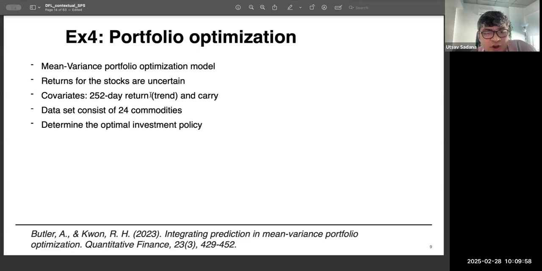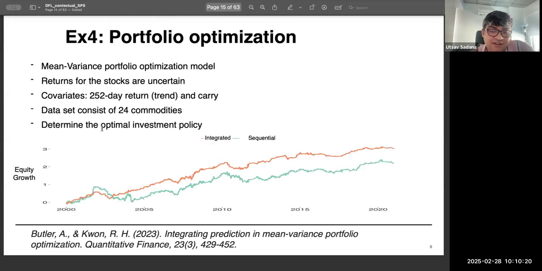Here they look at a commodities market with 24 commodities. They use as covariates the 252-day return, which is basically the trend, and the carry, which you can think of as the benefit or the cost of holding a commodity for a sufficiently long time. And they want to determine the optimal investment policy. Here, they use these features to predict the mean.